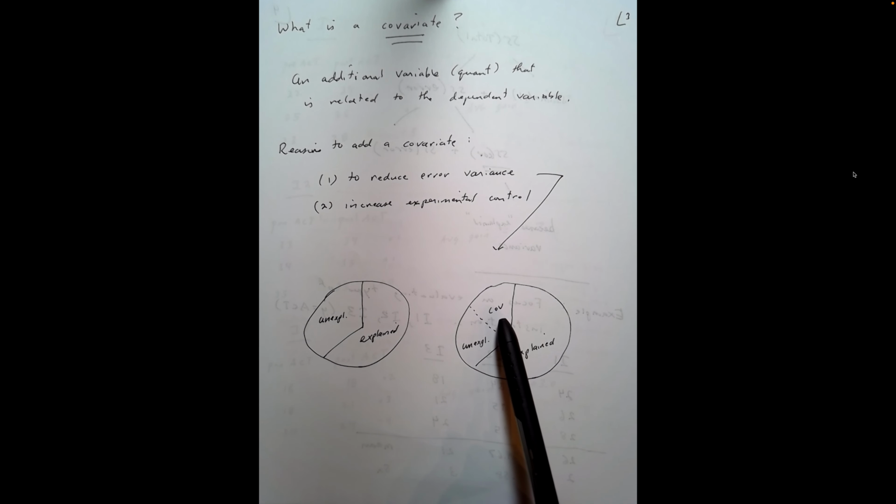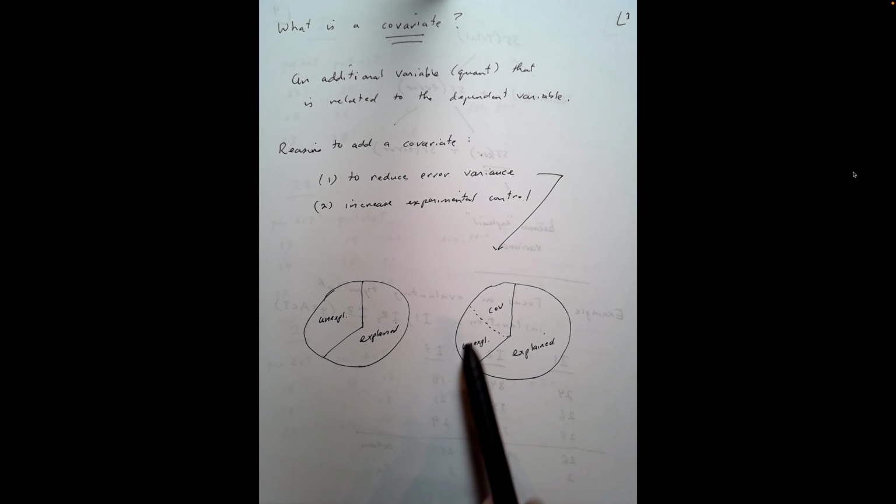anytime we run a model, we've got variance that is explained versus variance that is unexplained. And our test statistic is the ratio of the two, the ratio of the explained variance to the unexplained variance. And obviously, as the ratio gets higher, the ratio of explained to unexplained is higher. Well, if we think about this unexplained variance, there may be this kind of lurking variable there that, again, is quantitative, that may reduce some of this unexplained variance.